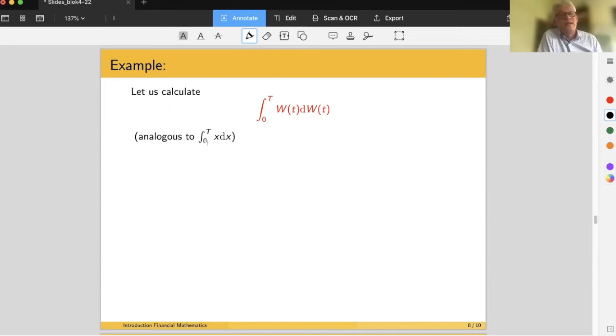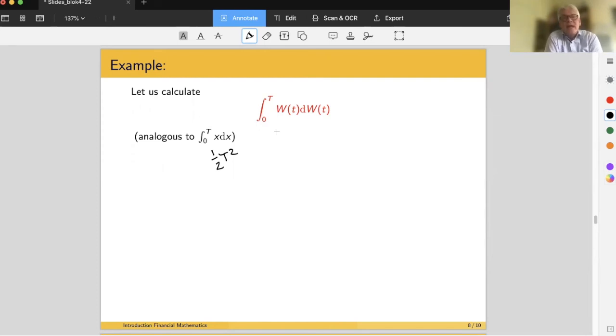And we know that the integral from 0 to t x dx is 1/2 t squared. And we will see that this is a little different here. And the reason is that we will have this quadratic variation. It will take us a lot of work to solve this in this case.